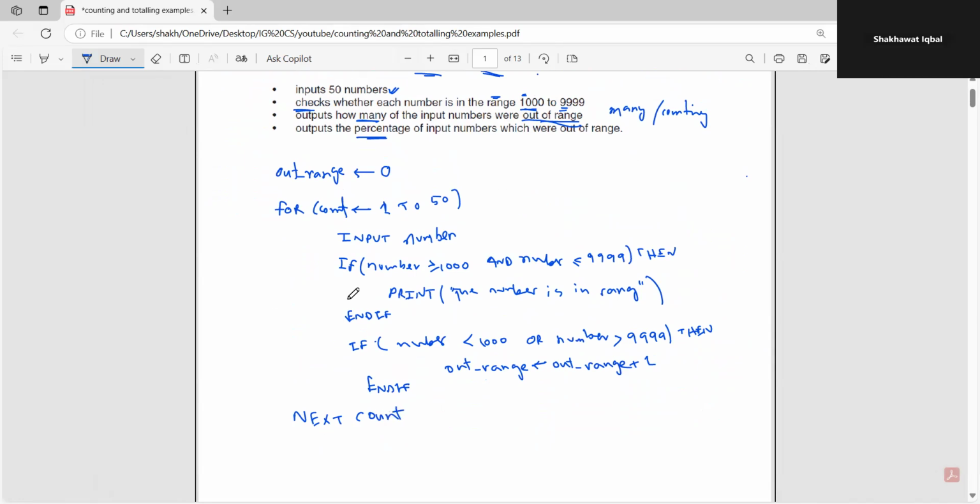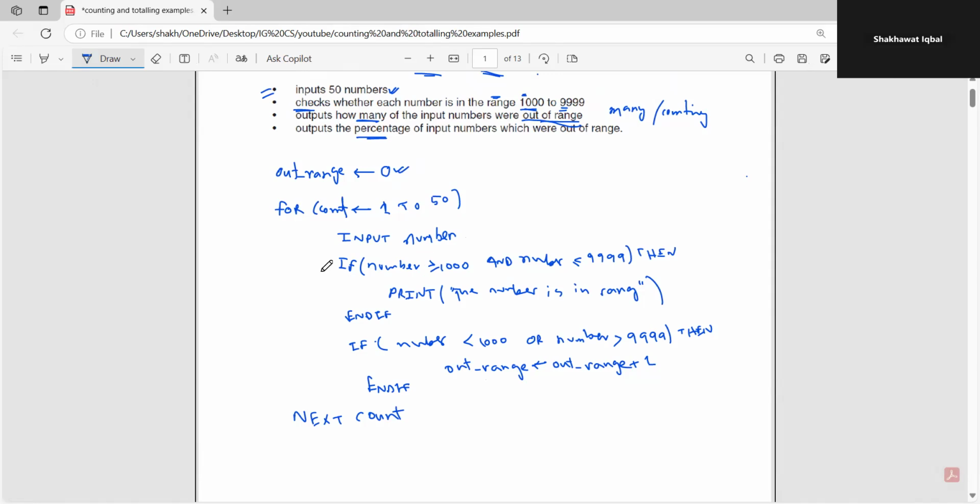Now, at the beginning, my total out of range is 0. There are 50 numbers, so I have to input one by one. I ask the user to input the number. This is the first point done. Input the first number.